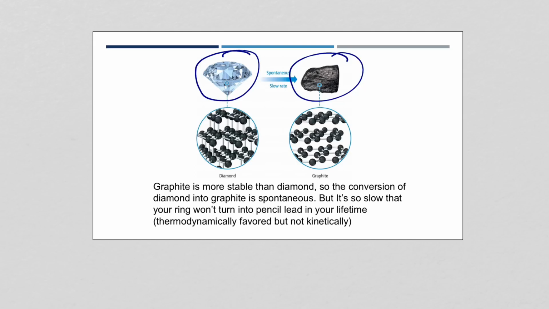However, it is very kinetically unfavored. This is an extremely slow reaction. And so while diamond is constantly turning into graphite, we don't notice it because this is occurring on an extremely slow basis. So thermodynamically favored, kinetically unfavored.